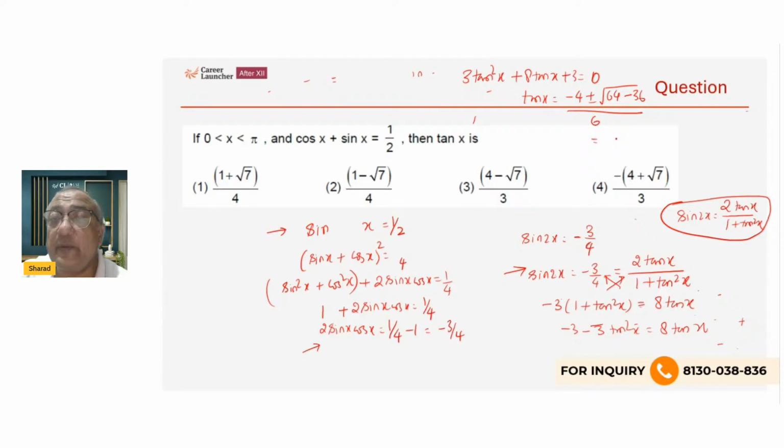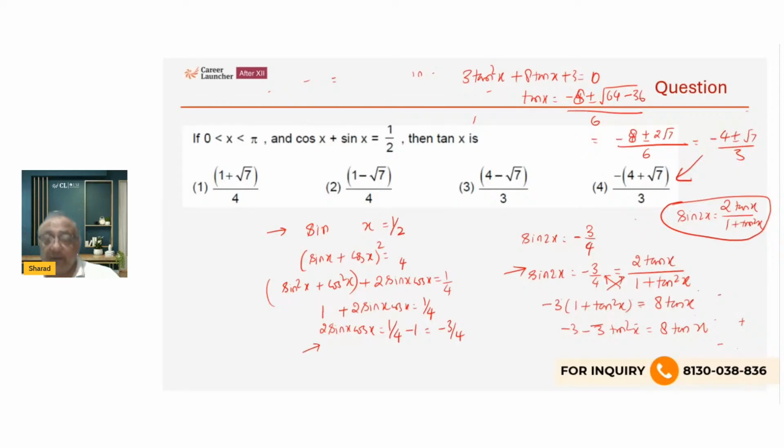So this value is minus 8 plus minus 2 root 7 divided by 6. Wow, I have got my answer in my bag. Minus 4 plus minus root 7 by 3. Only option available is this, minus 4 plus root 7 by 3.